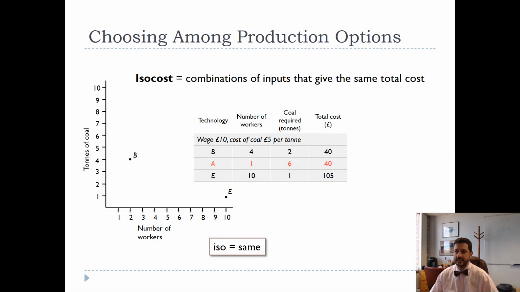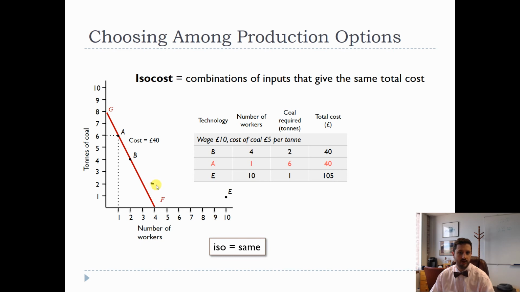I have to erase that. We can draw now this isocost curve that goes through point A and gives us an isocost curve of 40 pounds. And this point B should really be over here, right? That's where our point B was before.